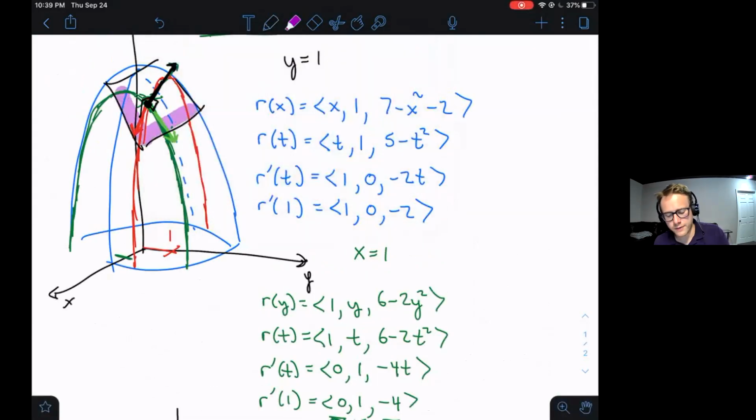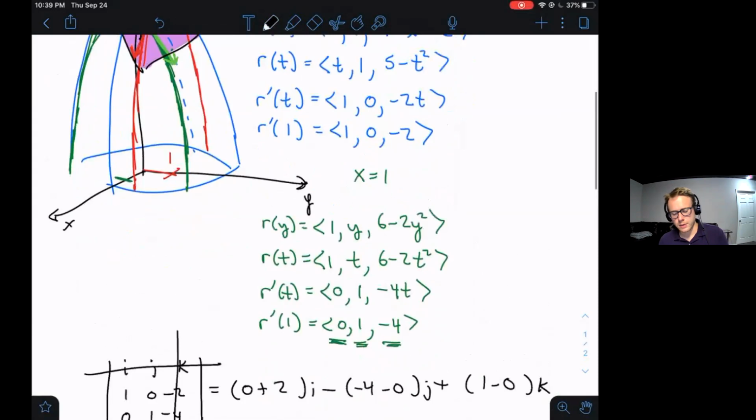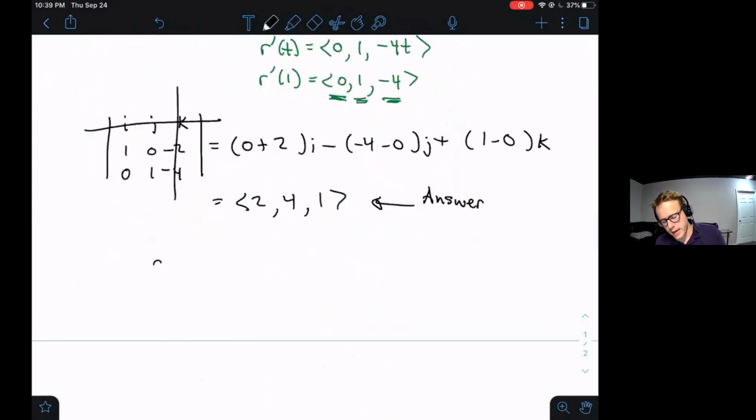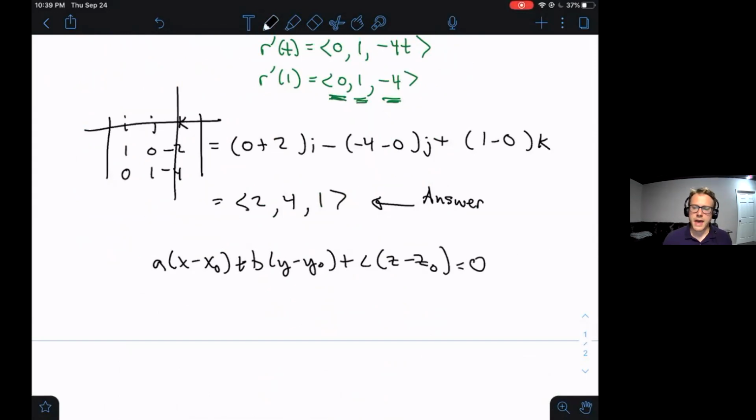Well, now that we have this good normal vector, we can use that in our equation for a plane. So the equation of the plane goes like this: a times x minus the x value, plus b times y minus the y value, plus c times z minus the z value equals 0. Remember that a, b, c is supposed to be this normal vector.